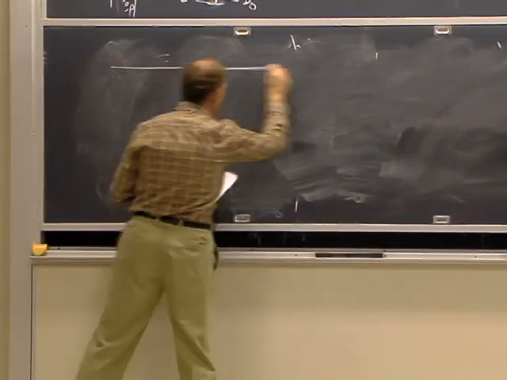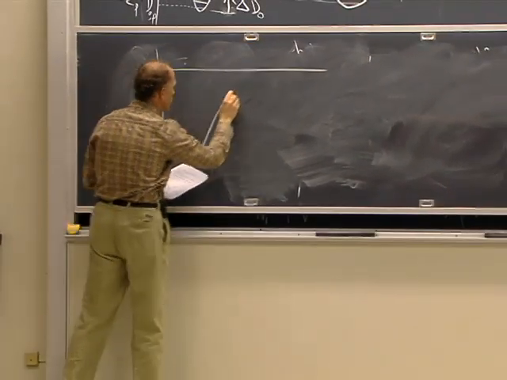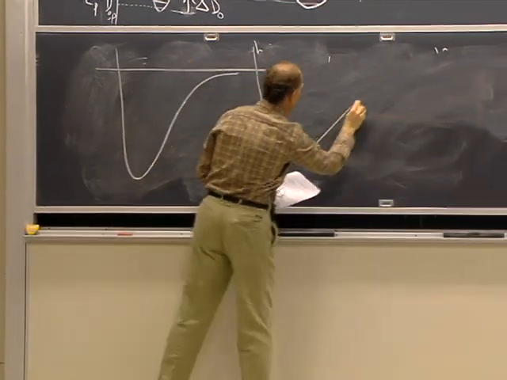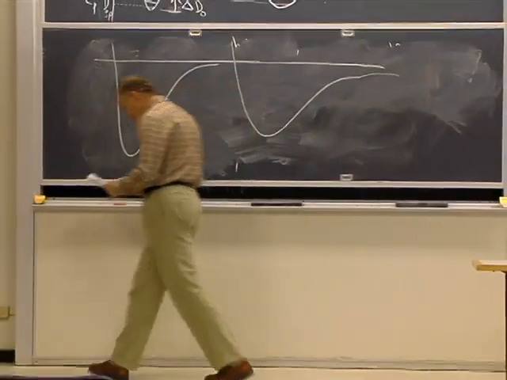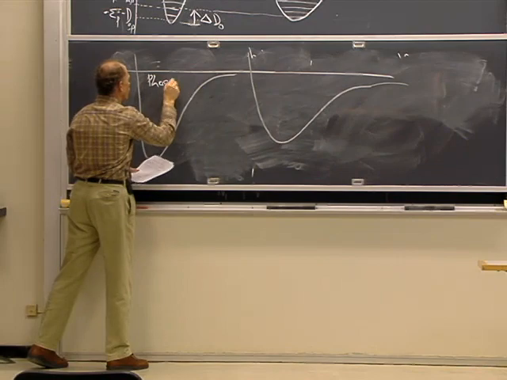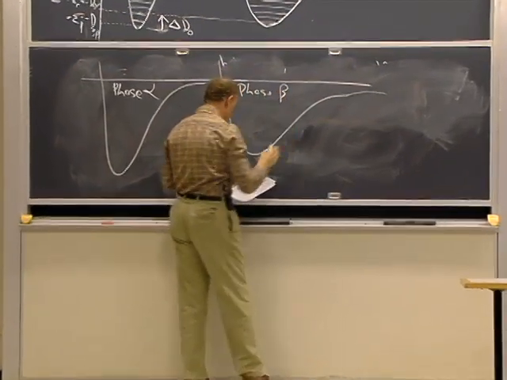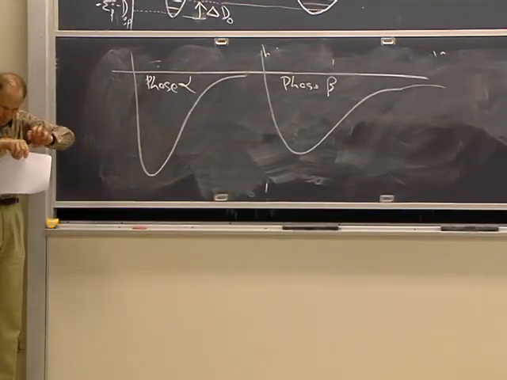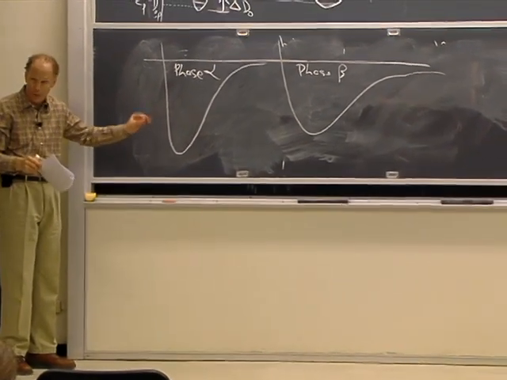So in this case, it's really similar to what we just did. Here's phase alpha, here's phase beta, and the interactions between the molecules or the atoms in the crystal are different in the two phases.